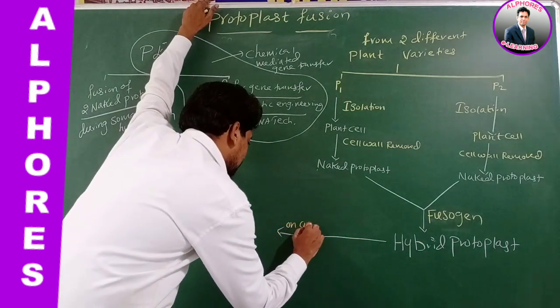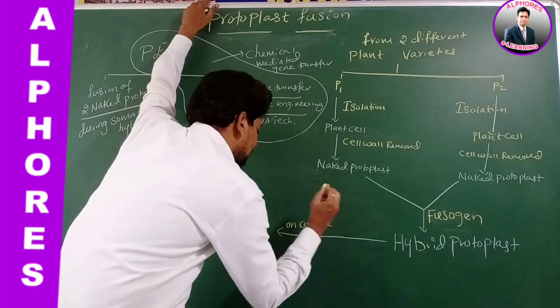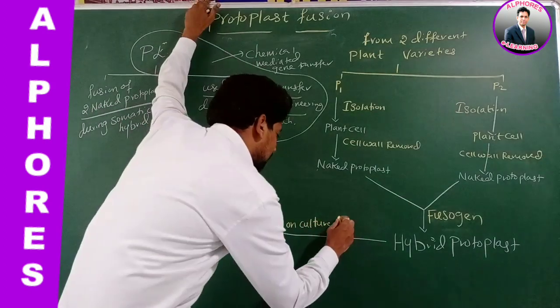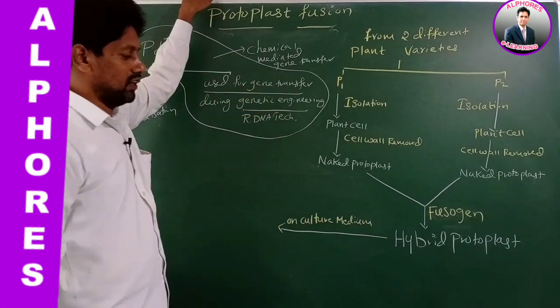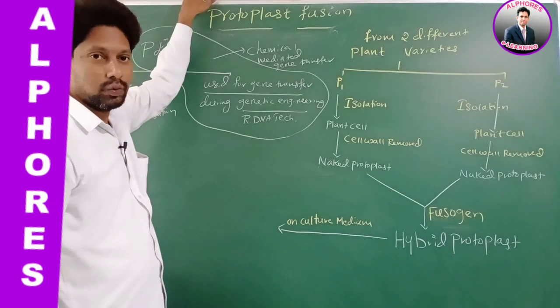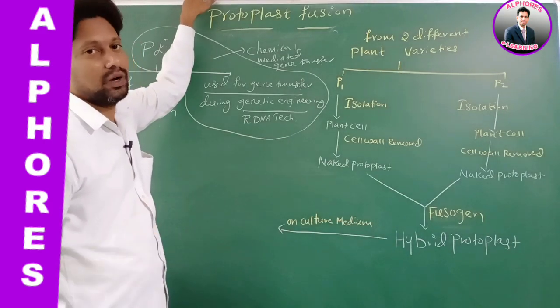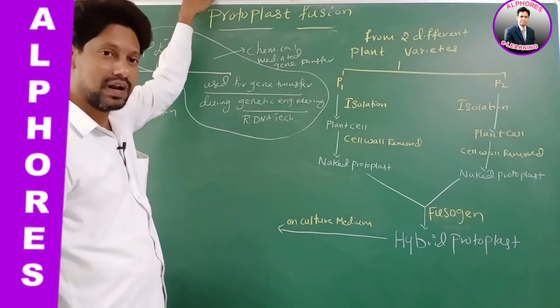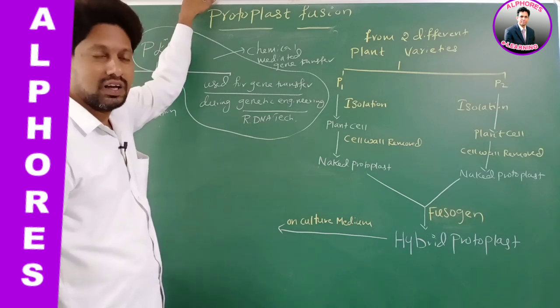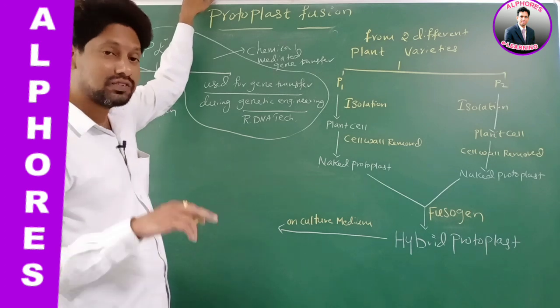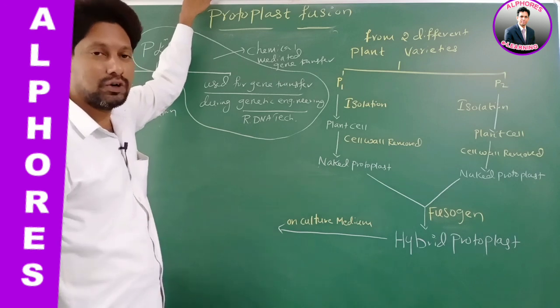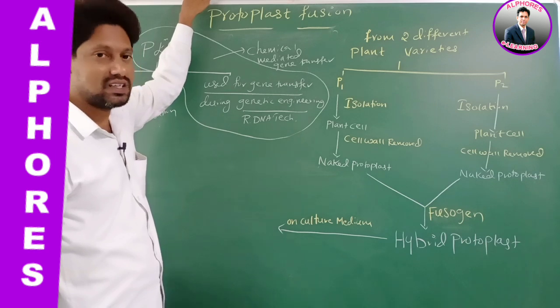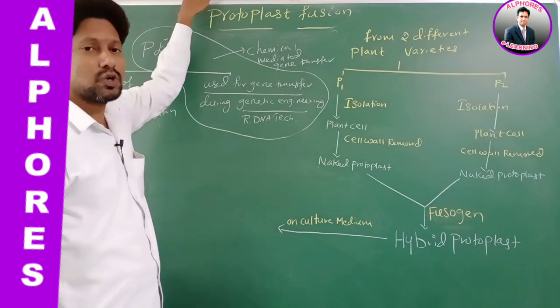On culture medium, what will this hybrid protoplast do? It develops a cell wall. After developing the cell wall, the hybrid protoplast divides continuously and produces a new plant called a somatic hybrid.